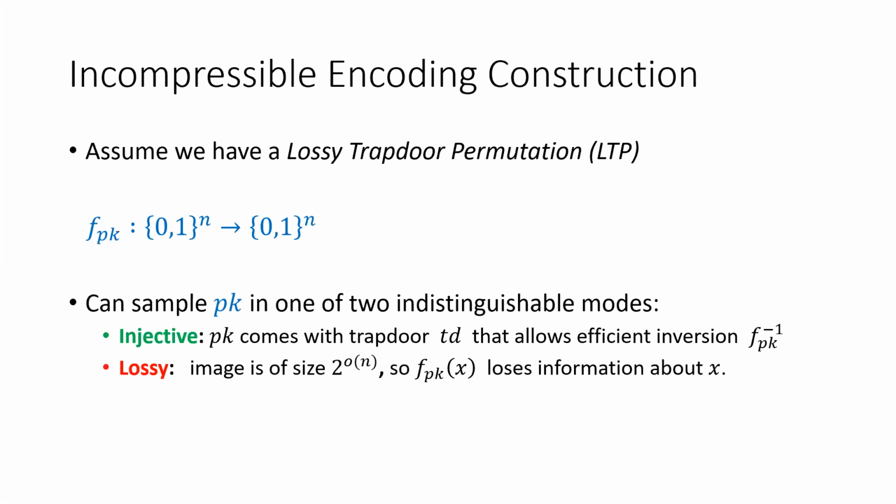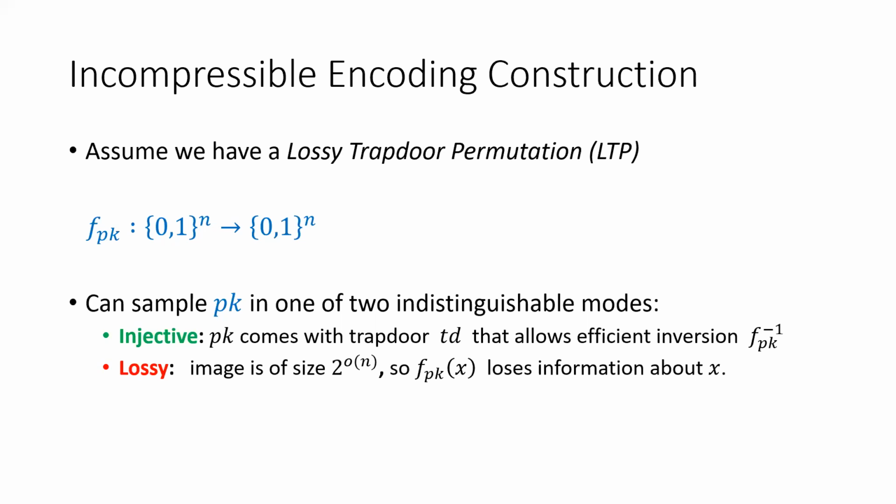On the other hand, you can sample the public key in lossy mode, and nobody can tell the difference between which of the two modes the public key was sampled in. And in lossy mode, the function fpk is very much not injective. In fact, the image of the function is much smaller than the range. So it maps the entire domain {0,1}^n to very few possible outputs.